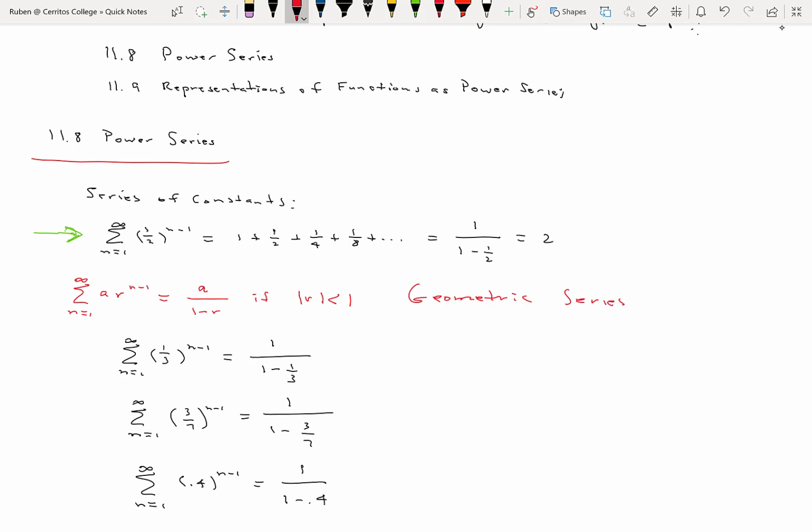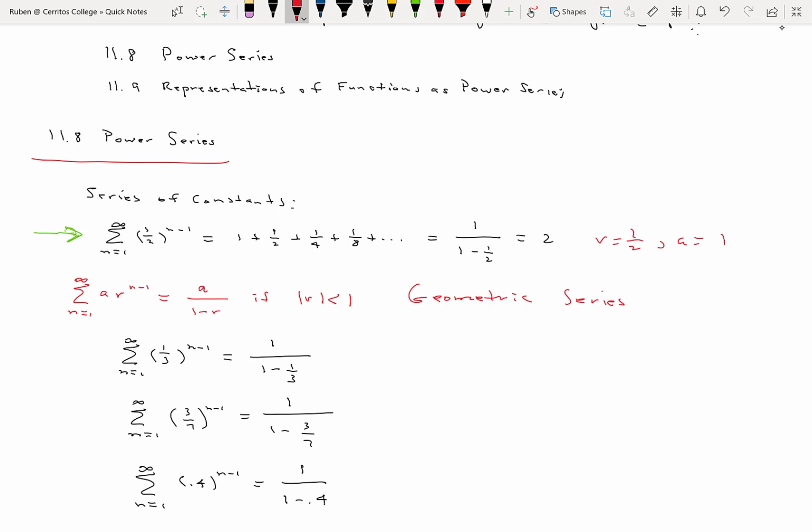This is old news for us. So back up to our original series, that should converge to 1 over 1 minus 1/2 because r equals 1/2 and a equals 1.